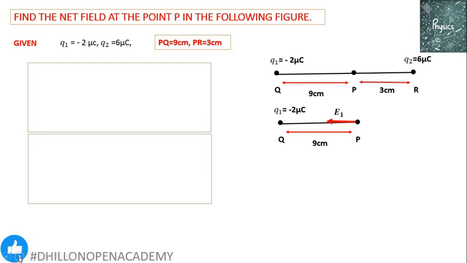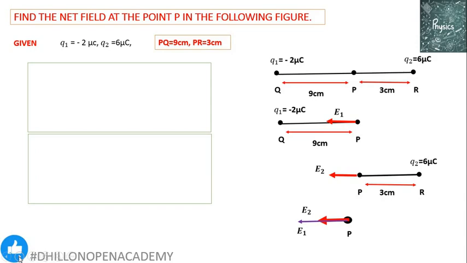The direction of the electric field of Q1 at P will be directed towards it, that is from P to Q. Similarly for charge Q2, if we place a positive test charge Q0 at point P as in the previous case, Q2 will repel Q0 away from it, so the direction of its electric field E2 will be from R to P. So here we see that the directions of both electric fields are towards the static point charge Q1, because both fields are acting in the same direction.